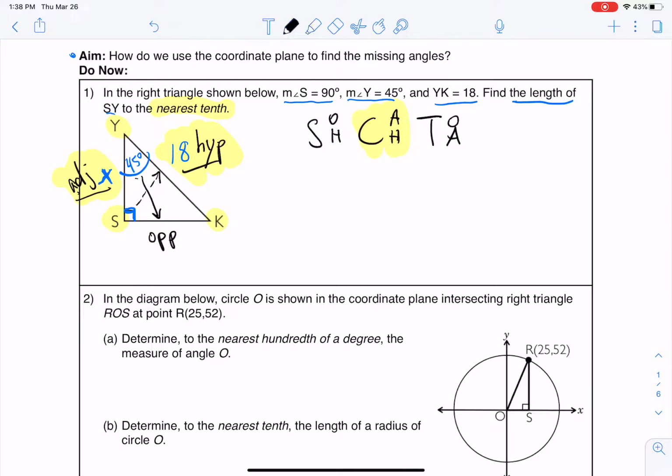So let's write our equation for cosine. So I'm going to write cosine of 45 degrees equals the adjacent side, which is x, over 18, which is the length of the hypotenuse. All right, so we need to get x by itself here.